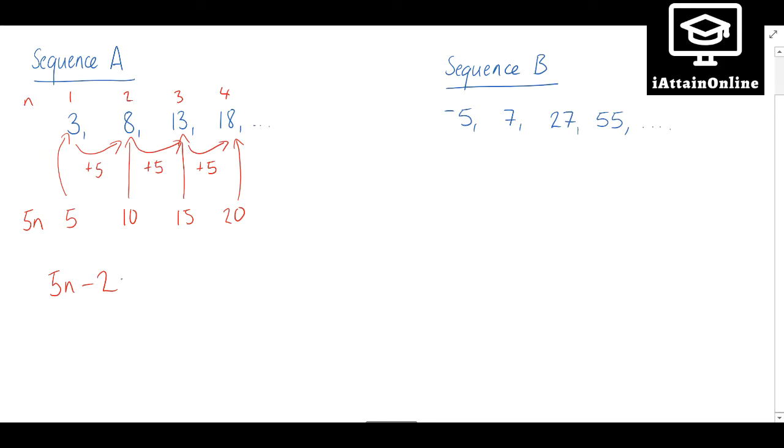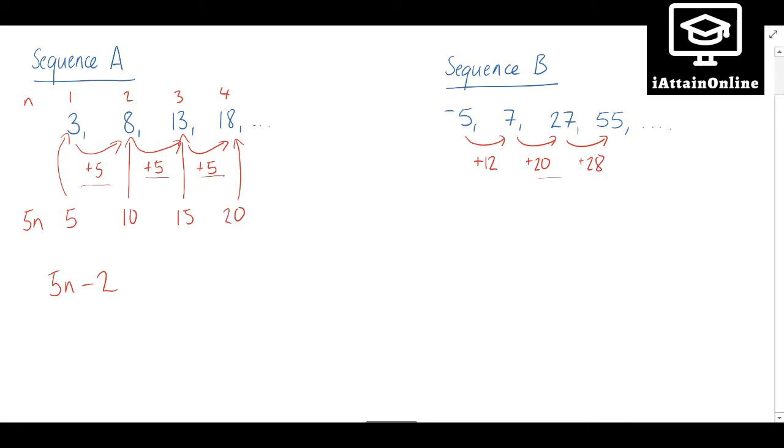Sequence B, although sequence A and B look the same, sequence B is slightly different because if I start by finding what we're doing each time to get to the next term, you'll quite quickly see that this difference here, unlike over here, is not the same.